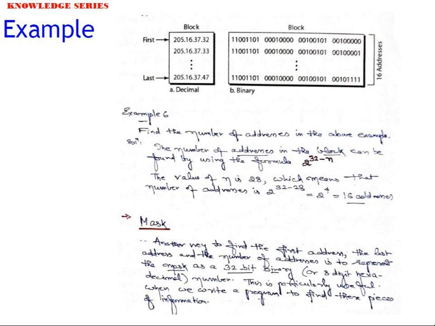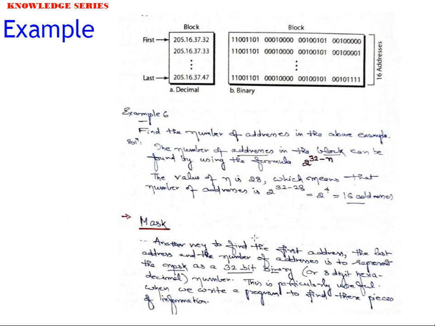This is particularly useful when we write a program to find such information. In software programs, when you use this technique, it is easy to identify the IP address and where it resides.